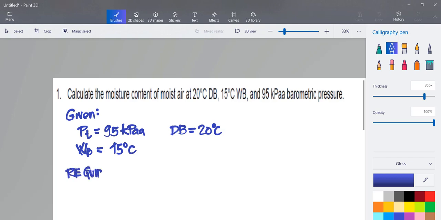The required, or the unknown, is the moisture content, which is W.